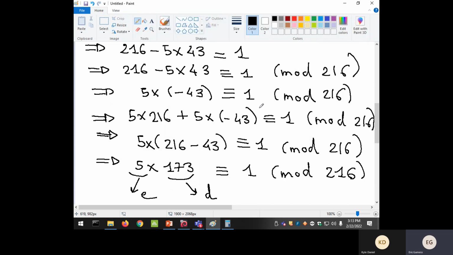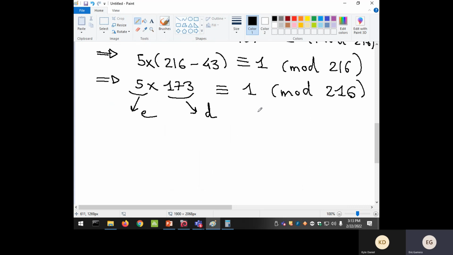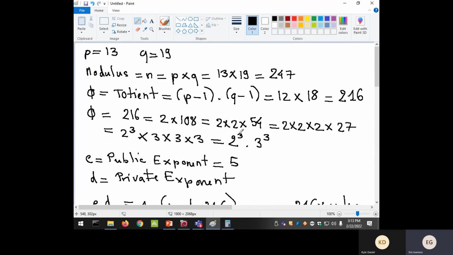Perfect. So what will be my private key and what will be my public key? The public key is a pair of integers, the public exponent and the modulus. The public exponent, we choose it as 5, and the modulus, which was the product of the two integers, is 247.